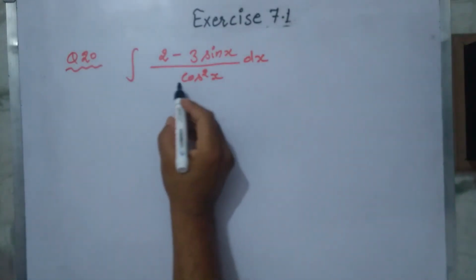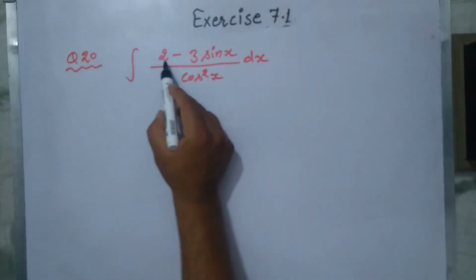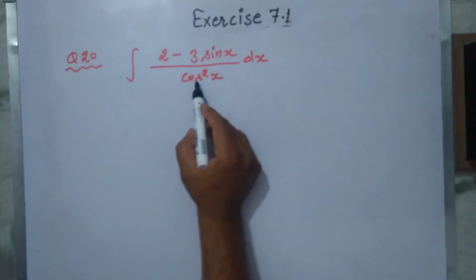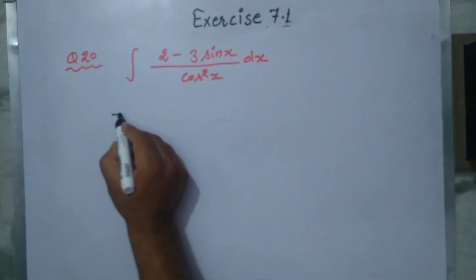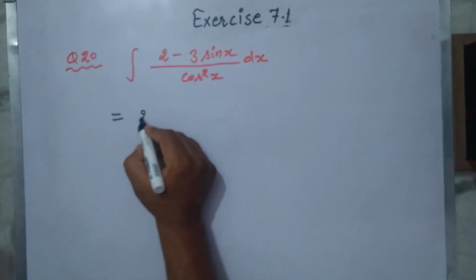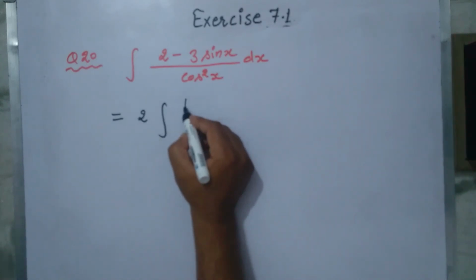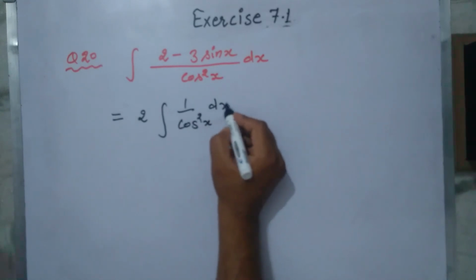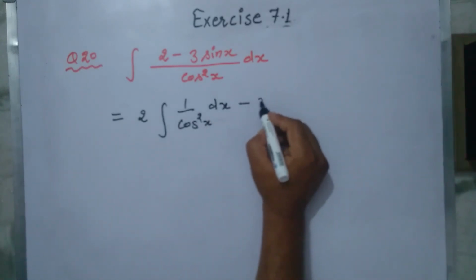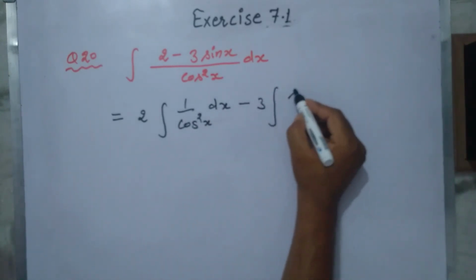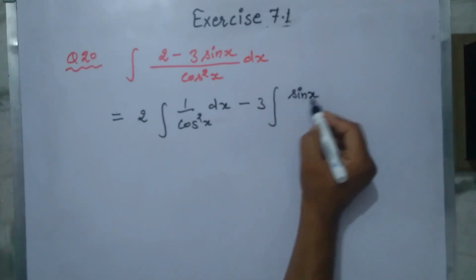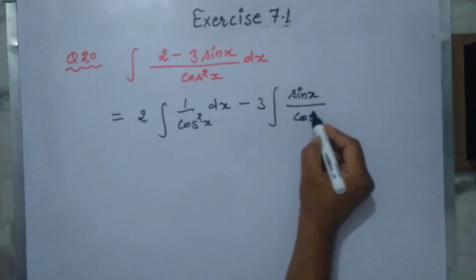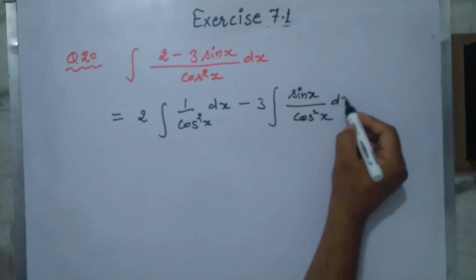Our next question is question number 20. 2 minus 3 sin x upon cos square x. So this can be written as 2 into 1 upon cos square of x dx minus 3 sin of x upon cos square of x dx.